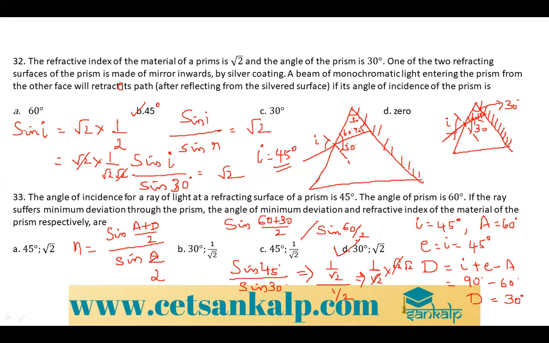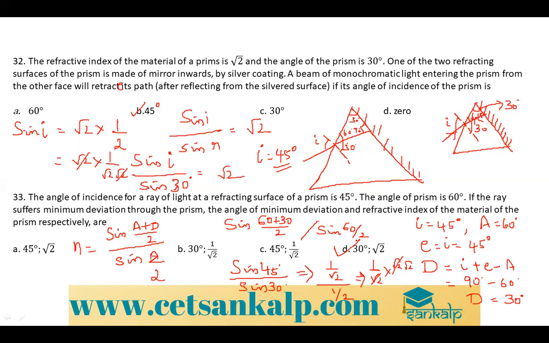Okay. So according to the concept, let me tell this problem again, look. The angle of incidence for the ray of light at refracting surface of the prism is 45 degree. Okay? The angle of prism is 60. If the ray suffers minimum deviation through the prism, the angle of minimum deviation and refractive index of the material of the prism respectively are, they have given.